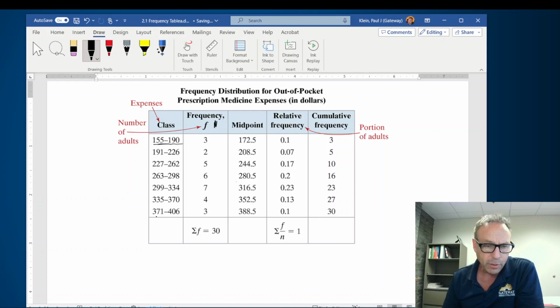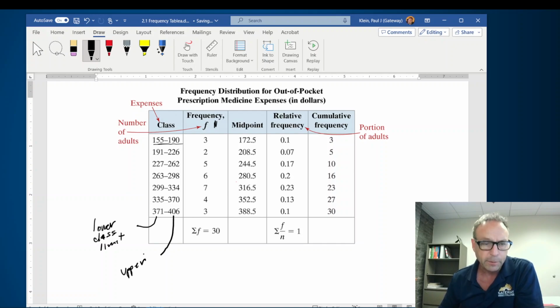The number on the left side, the lower number, is called the lower class limit. And the one on the right side, the higher number, is called the upper class limit.